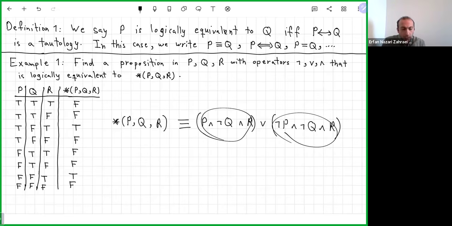So maybe a shorter way is, if you have many truths but few falses, to consider the negation of this instead. Then you have fewer truths than falses. Write a statement for that negation.